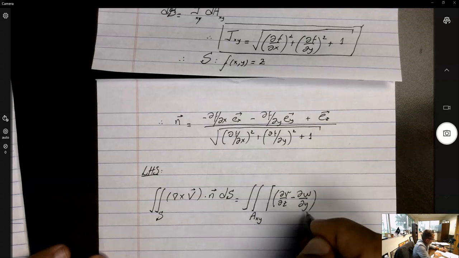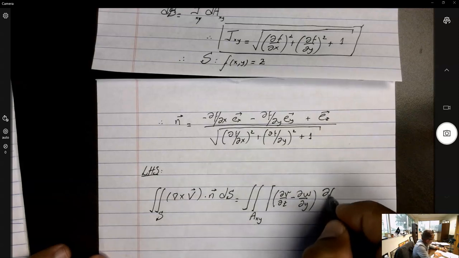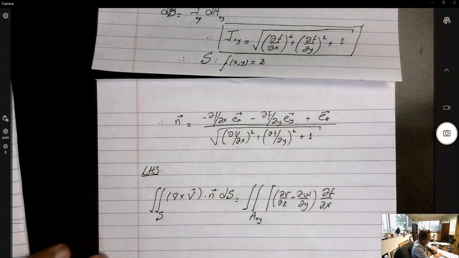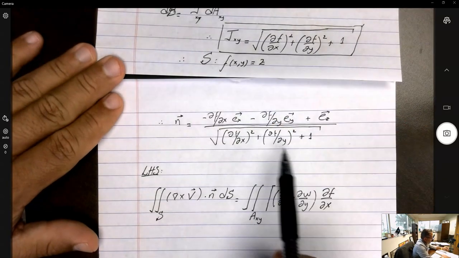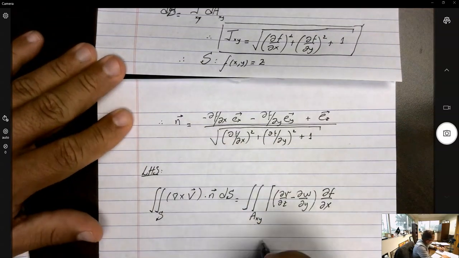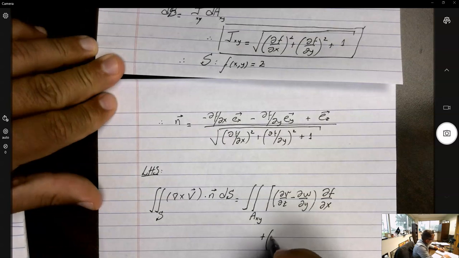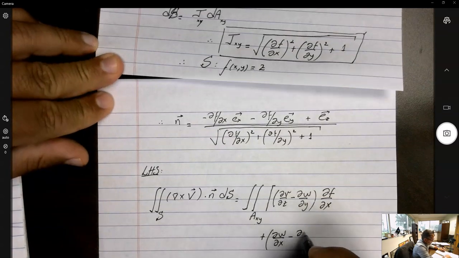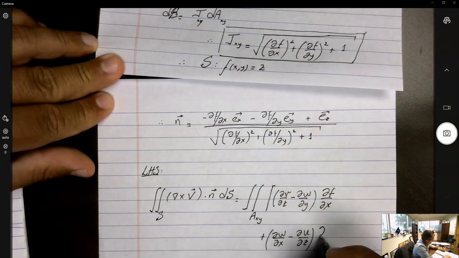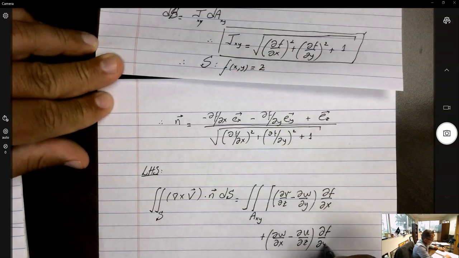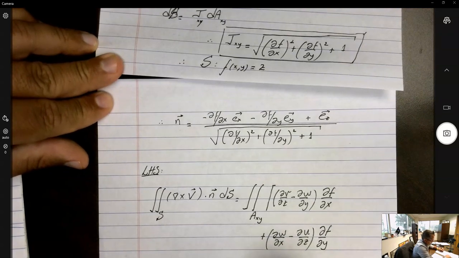Notice that I am flipping that, negative of that, because this is going to be multiplying the df dx, right? And that was a negative number in the normal vector, plus (dw dx minus du dz) times df dy plus (dv dx minus du dy). And that closes the brackets, and then the differential of area, which is dx dy, or dy dx.